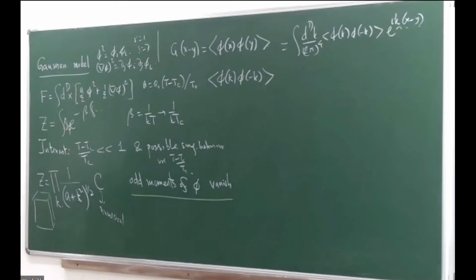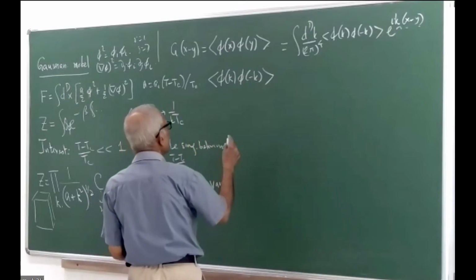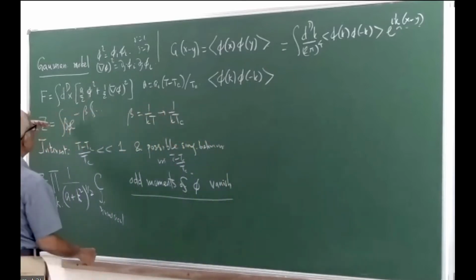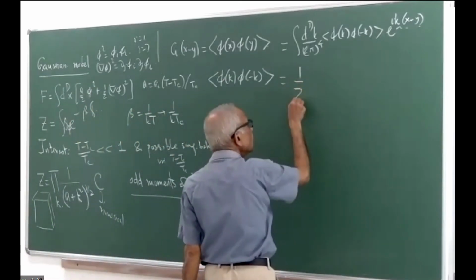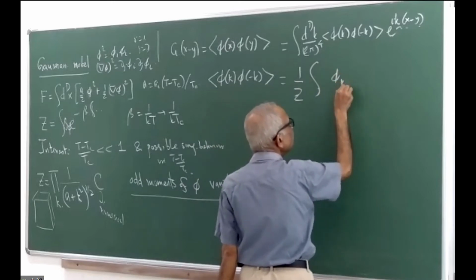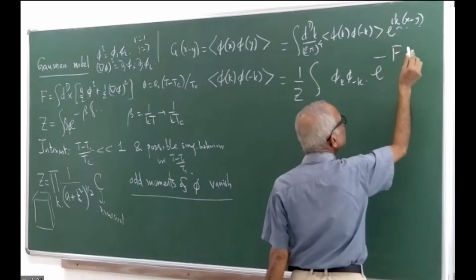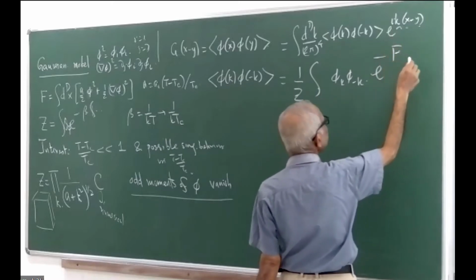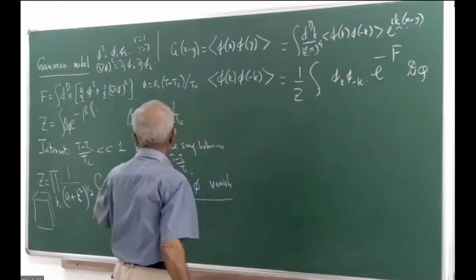So for phi_k phi_minus-k, what we had to do is define it as 1 over Z, just as any other expectation value, the integral of phi_k phi_minus-k e to the power minus F, with the d phi, and the Z is this.